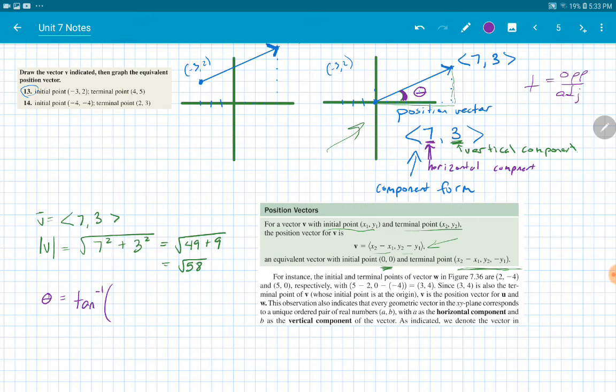So it would be the vertical component over the horizontal component, which works well for this one. Even if it was an obtuse angle, we could use this as our reference angle.